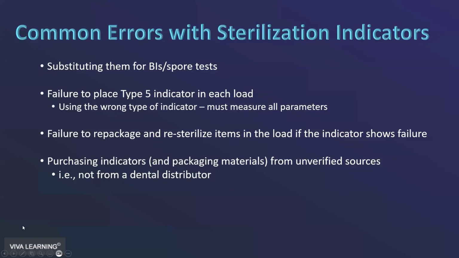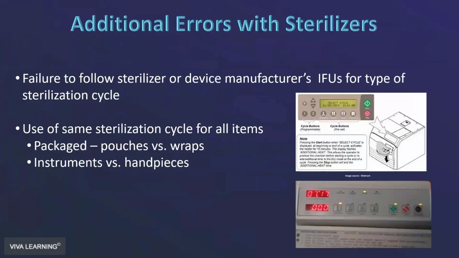Okay, let's see. Couple of other things that you need to make sure that you are following. Make sure that you always know what the instructions for use are for your particular sterilizer, and make sure you are running the appropriate cycle depending on what is in that load.